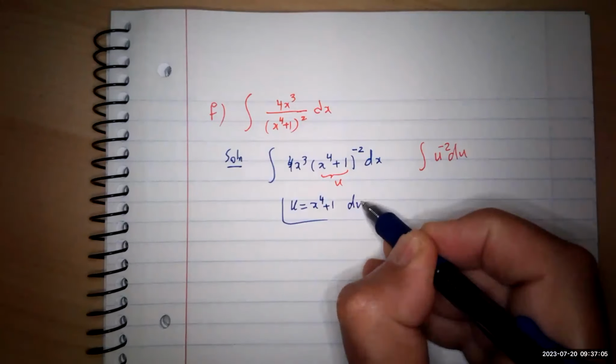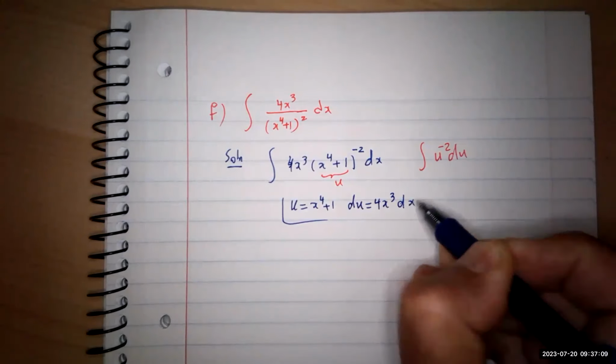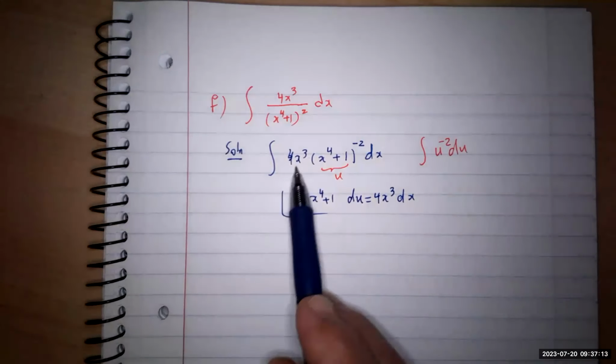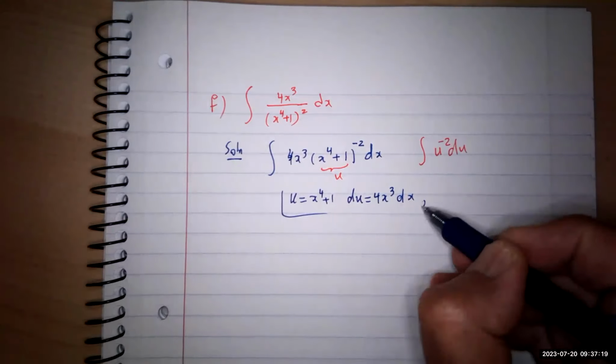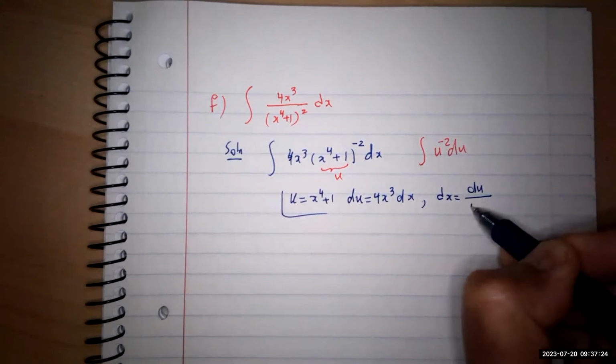Okay, I do it. So that would be simply 4x cubed dx. You already can match them together if you want to use the short form. But if you don't want to use the short form, dx is du over 4x cubed.